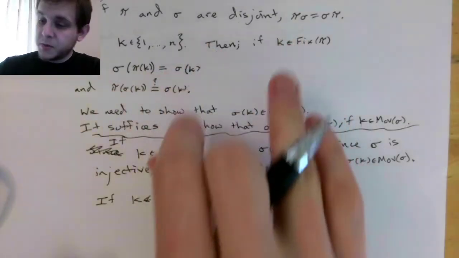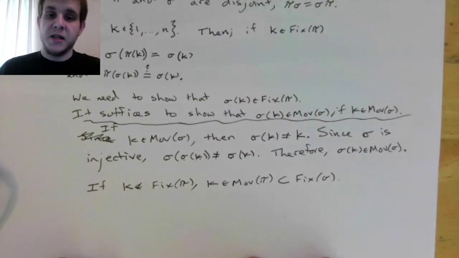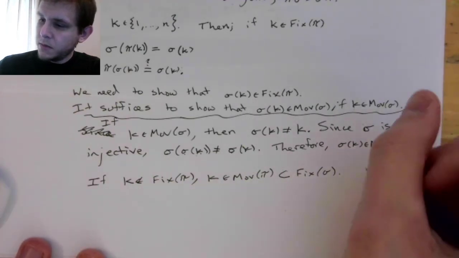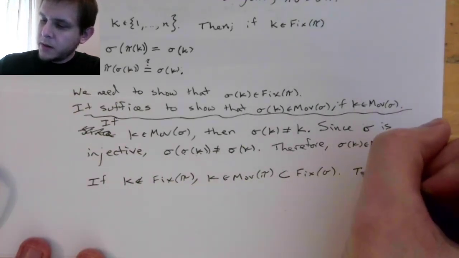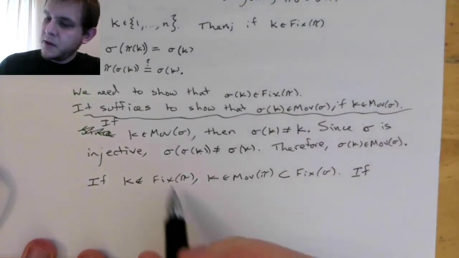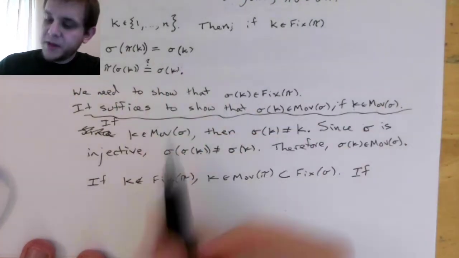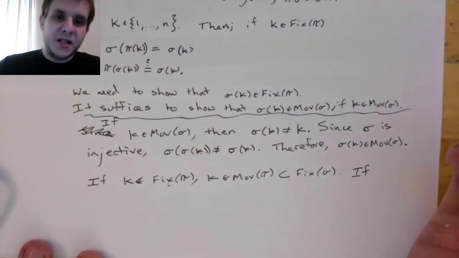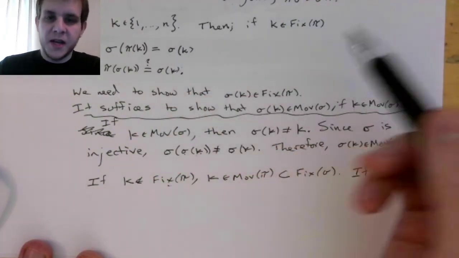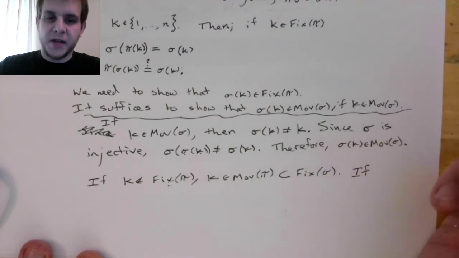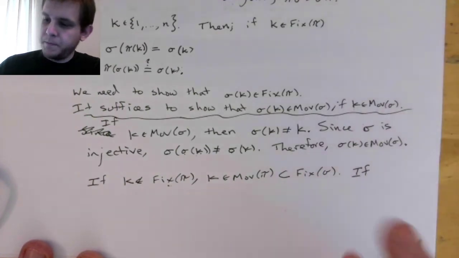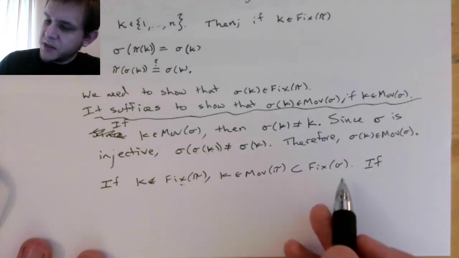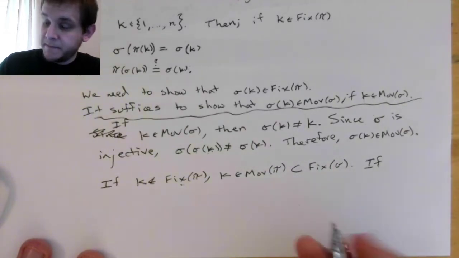So let's go through this procedure a little bit more cleanly in this case. If k is in the fixed point set of both pi and sigma, then obviously they commute. Pi of sigma of k is equal to k, and sigma of pi of k is equal to k. So now I assume that k is fixed by sigma, but not fixed by pi.